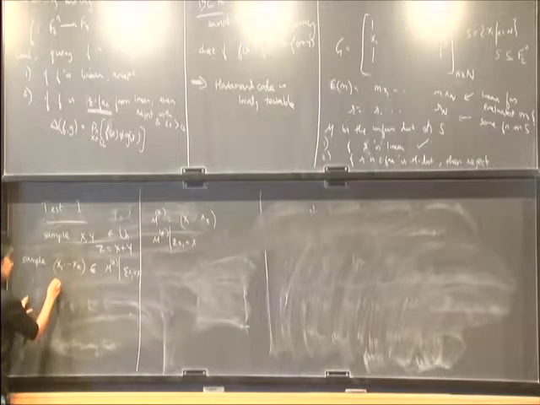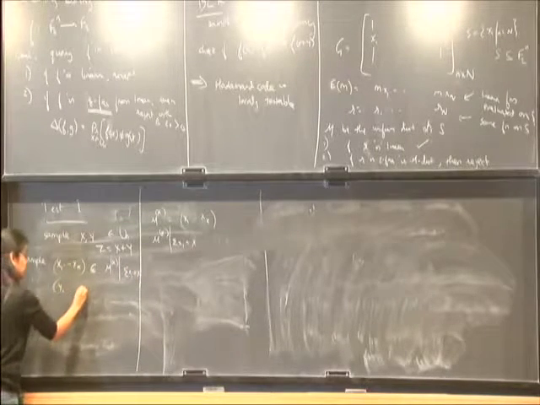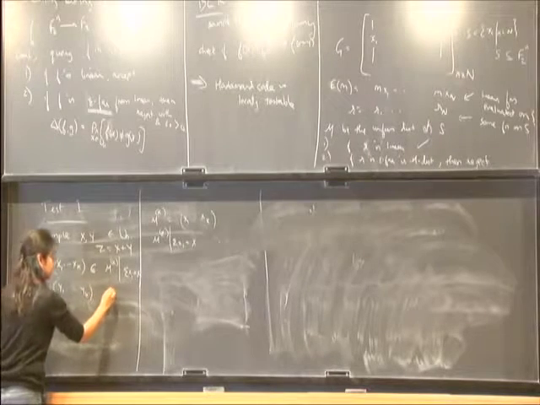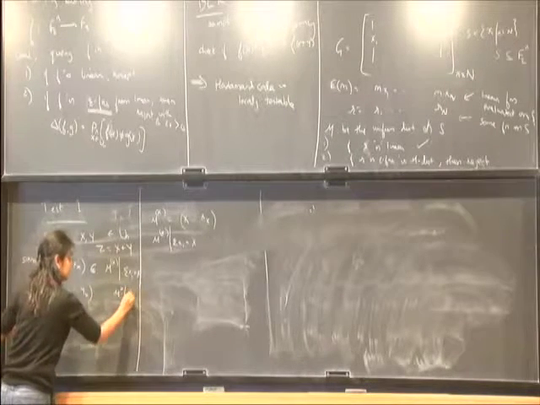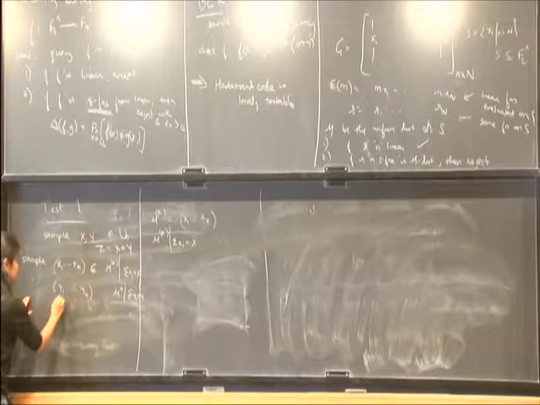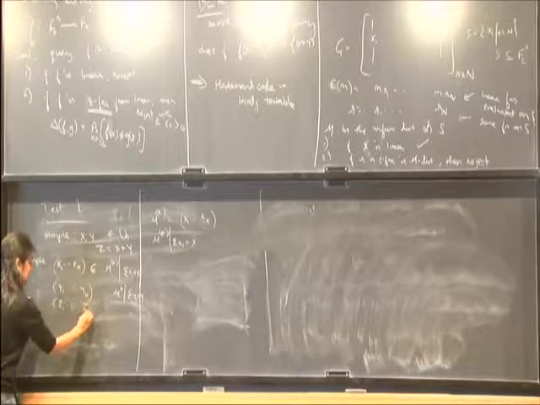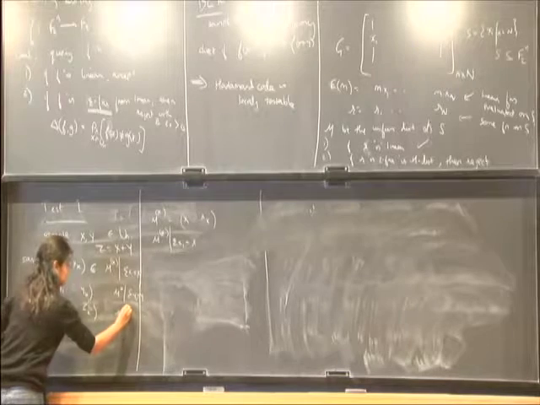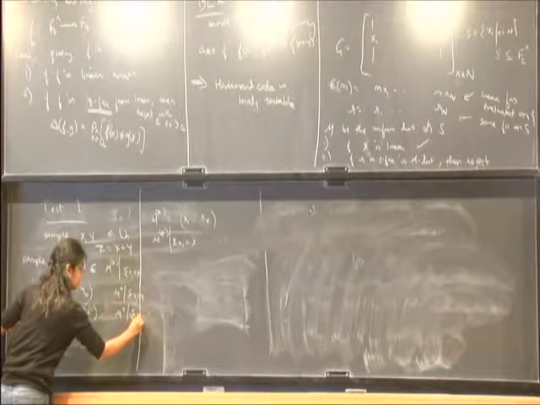Let's sample y1 to yk from mu to the k, conditioned on the sum of the yi being y, and sample z1 to zk from mu to the k, conditioned on the sum of the zi being z.